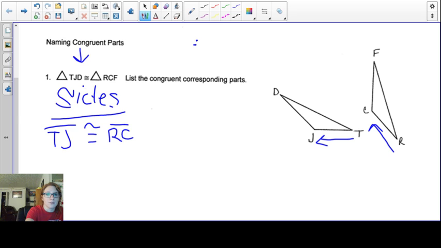Next, I go to JD. That has to be congruent to CF, because again, I'm looking at the order that I see in my triangles here.